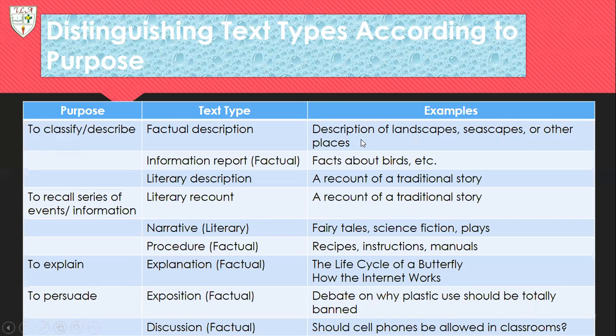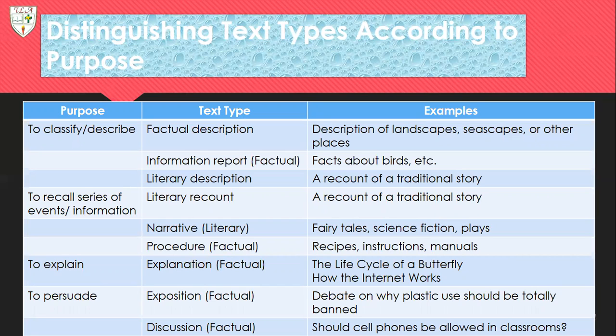An example, description of landscapes, seascapes, or other places. Another way to classify or describe is through information report, which is a factual text type. Example, facts about birds, facts about spiders, and other things that you are telling facts about.